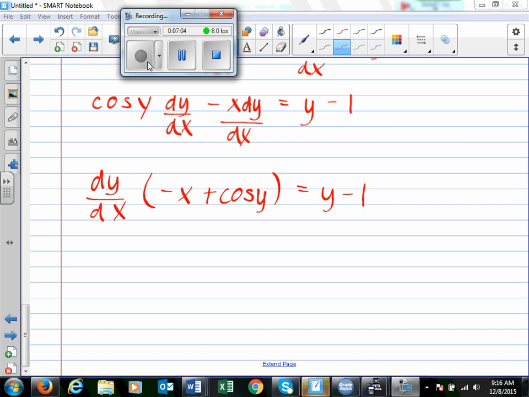So you can also write it cosine y minus x. Both are going to be the same. Let's rewrite it as cosine y minus x.